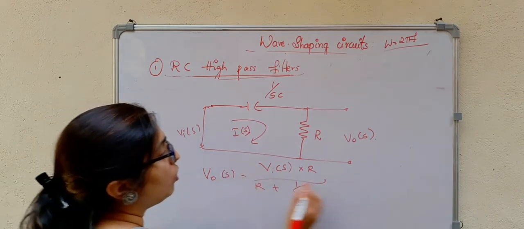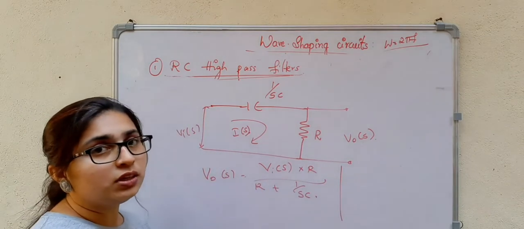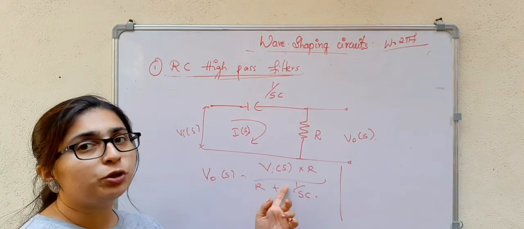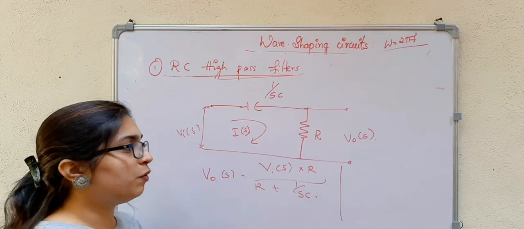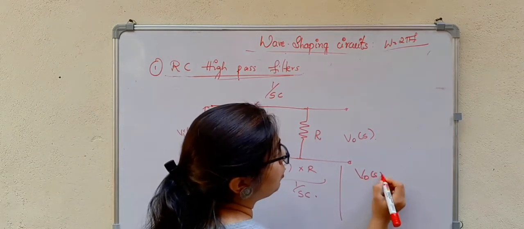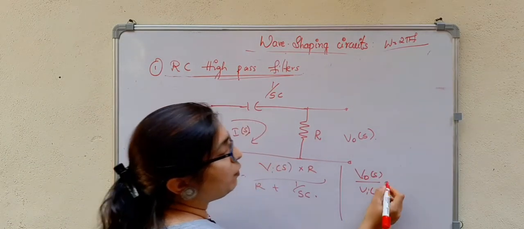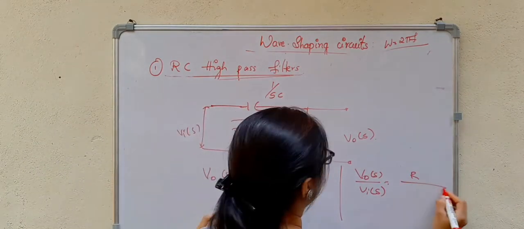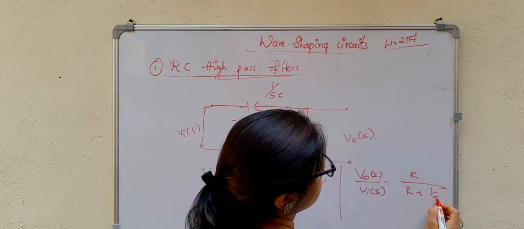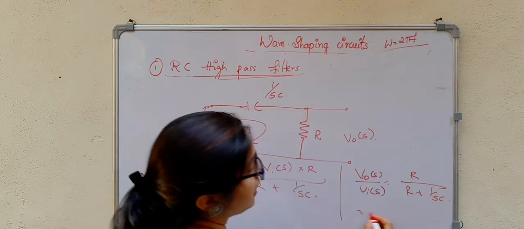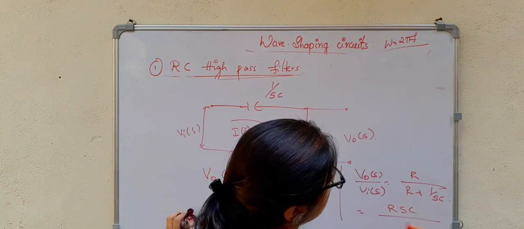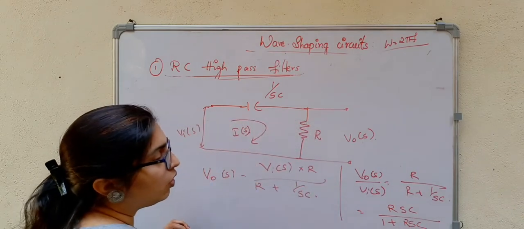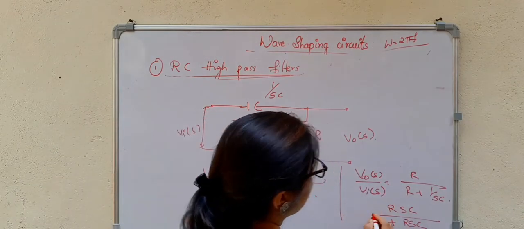So what is the transfer function? It is nothing but the ratio of the Laplace transform of the output to the Laplace transform of the input. So output divided by input will give you the transfer function of the RC high pass filter. That is R divided by R plus 1 by SC. This can also be written as RSC divided by 1 plus RSC.